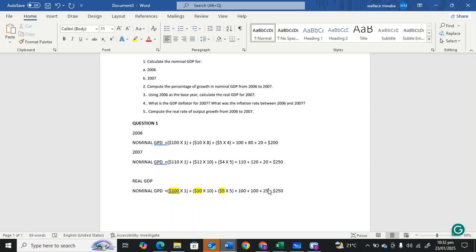So our real GDP for the year 2007 is going to be $225. So here, this is giving us a more true picture in terms of productivity. We held the prices constant and wanted to see, are we being productive? Any questions?